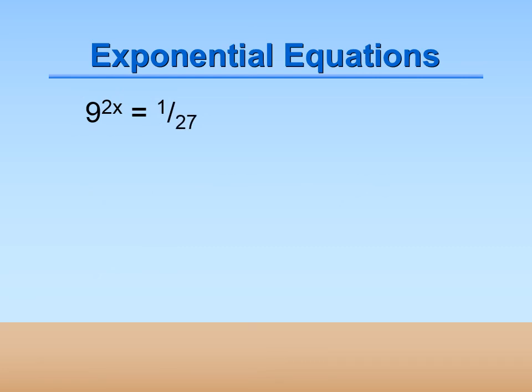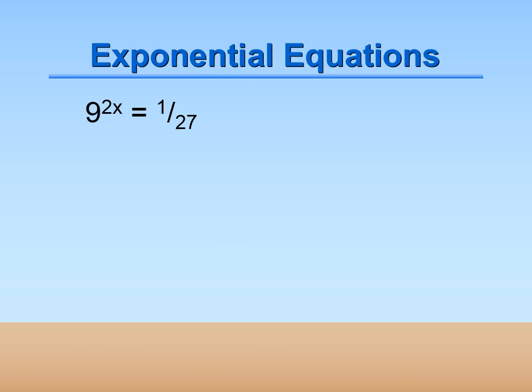Let's look at this one. 9 to the 2x equals 1 over 27. So 27 cannot be rewritten as a base of 9. However, it can be rewritten as a base of 3. So this is a problem where both sides, the 9 and the 27, have to be rewritten as a base that they both share.